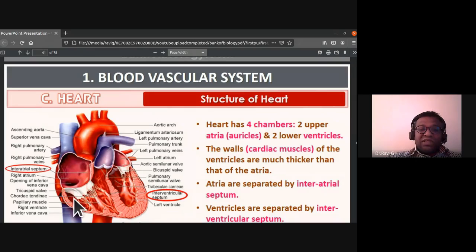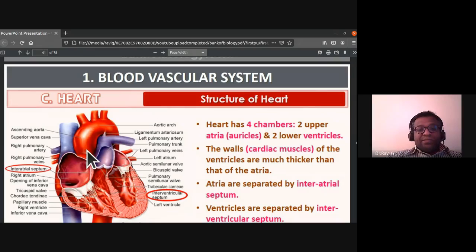But the left ventricle is the thickest because it has to pump the blood throughout the body. The walls of the ventricles are much thicker than the auricles because they have to pump the blood into the pulmonary artery as well as the aorta.